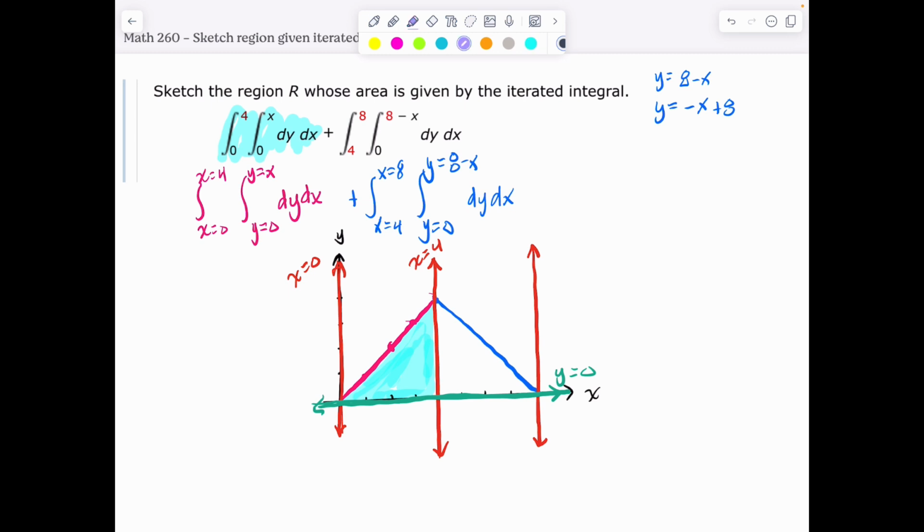And then on the other side, this one right here is this iterated integral.